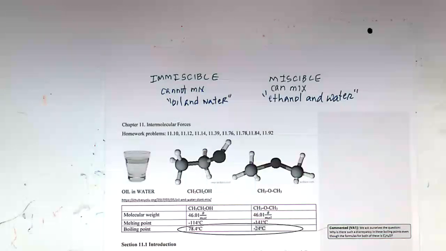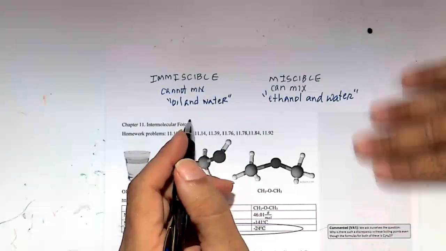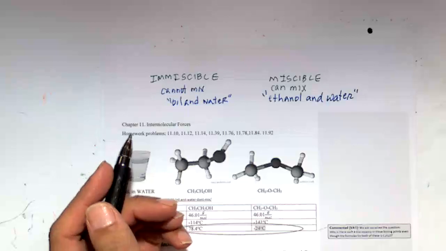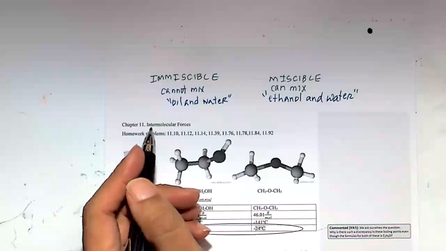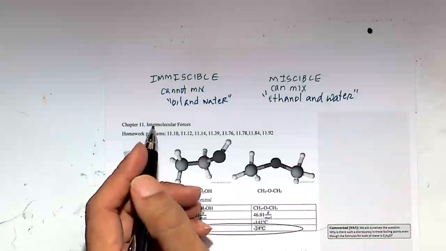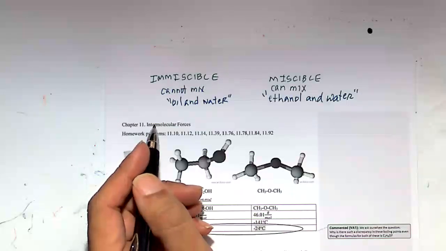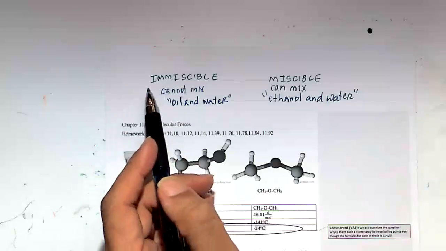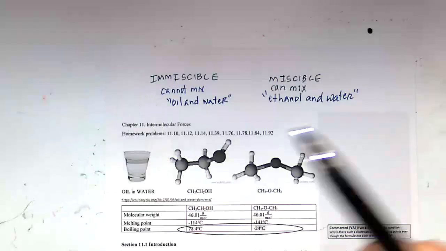There's something about the ethanol molecule that would make it want to interact and dance and intermingle and be with the water molecule. There's something about the water molecule that would want to make it get away, get away from the oil. And there's something about the oil molecule that would want to make it get away from the water and be with itself. Okay, that's the whole idea behind miscible and immiscible.